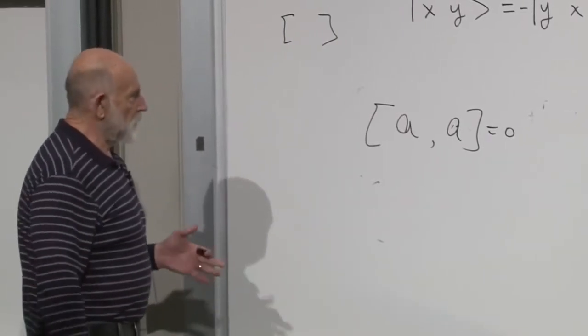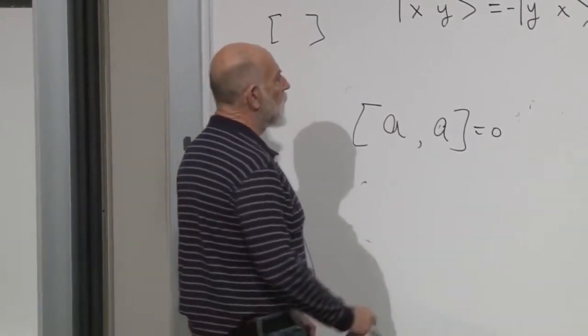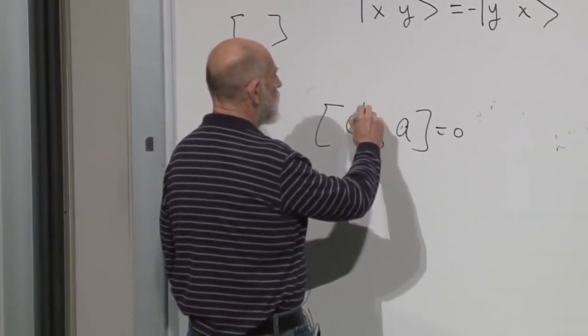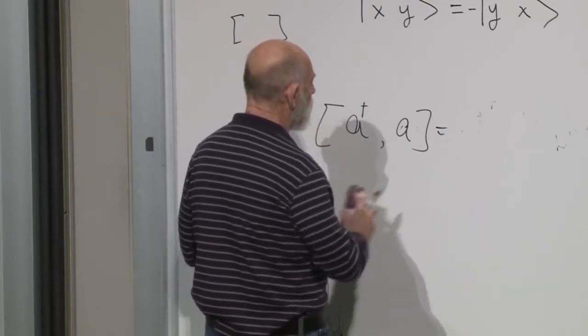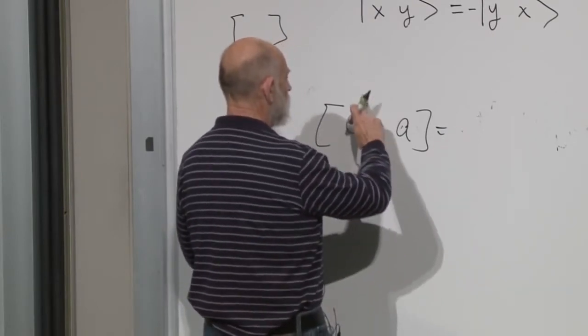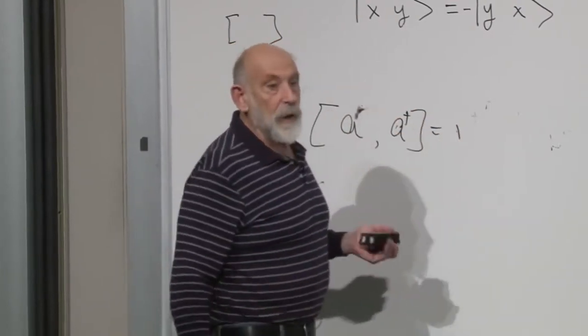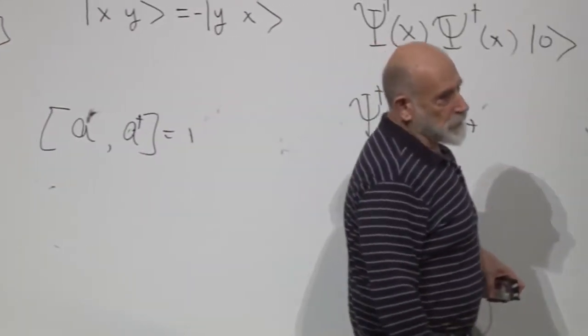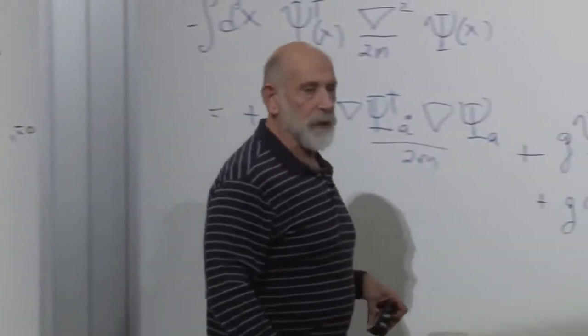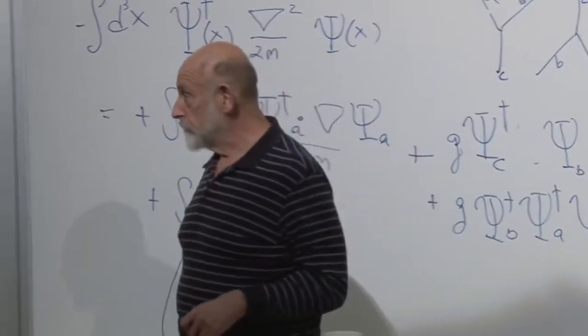These things commute. No, I'm sorry. I wanted to take the commutator of A and A dagger equals 1. That's a harmonic oscillator. Or it could just be a creation and annihilation operator for a boson.